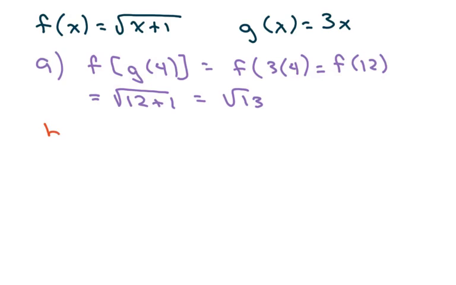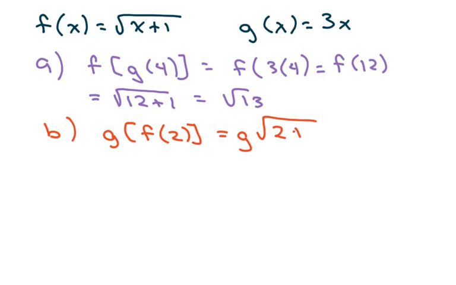And B, we're going to do g of f of 2, which equals g of square root of 2 plus 1, which equals g of square root of 3, which equals 3 square root of 3.